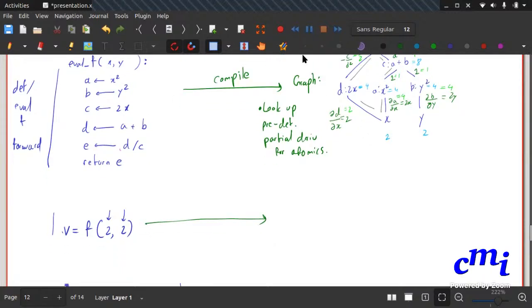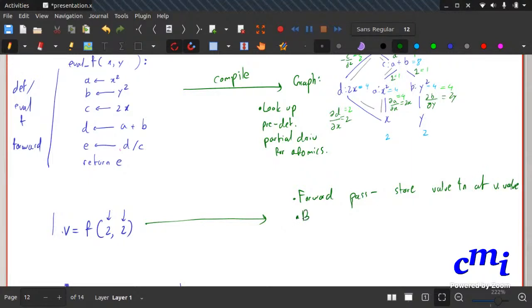So in this step, what is going to happen is the forward pass, and then we store the value of the function at v.value, let's say. Then you get the backward pass, and we collect the gradient with respect to x and y for the given values of x and y.